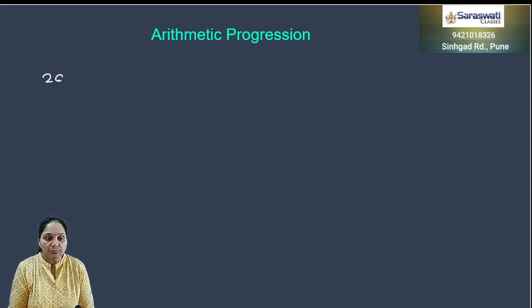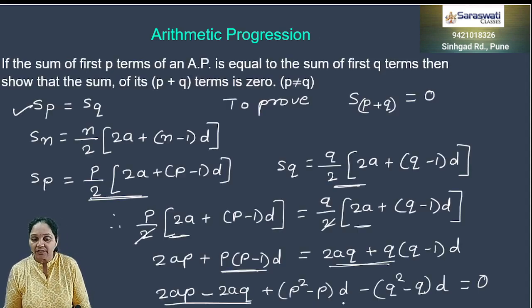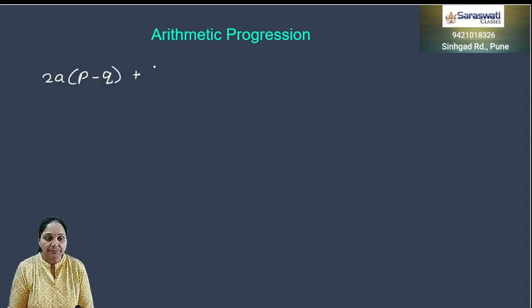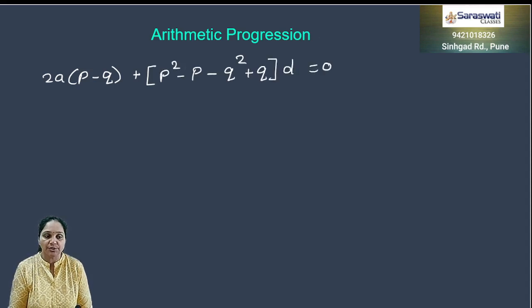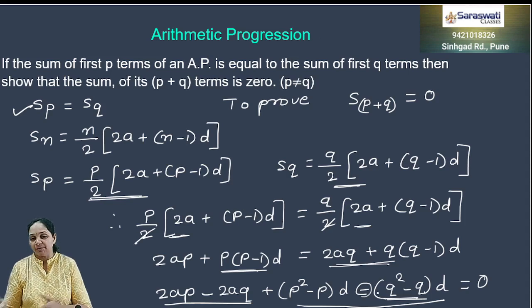So 2a into bracket p minus q plus, see, I'm taking d common from these two. So we get p square minus p minus q square plus q into d is equal to 0. See here, when I take d common, because of this minus sign, these terms become minus q square plus q.